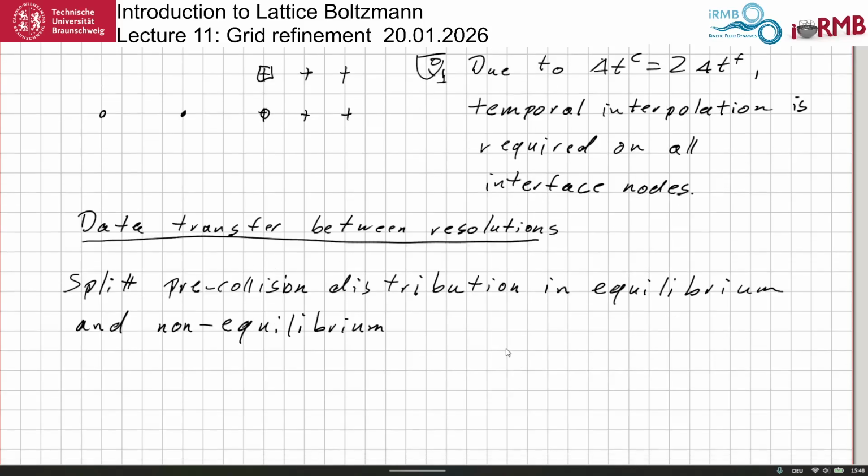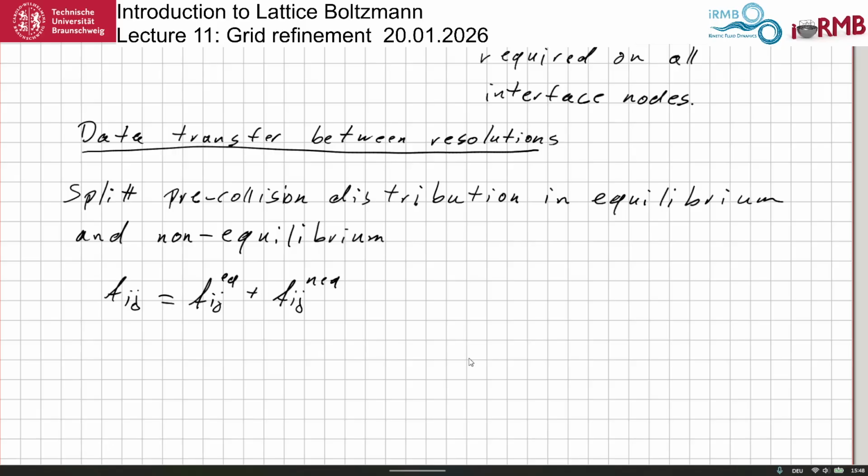So you could do it like this: f_ij is f_ij equilibrium plus f_ij non-equilibrium. Now we can do asymptotic analysis, but for the time being, it is sufficient to just look at the Taylor expansion.